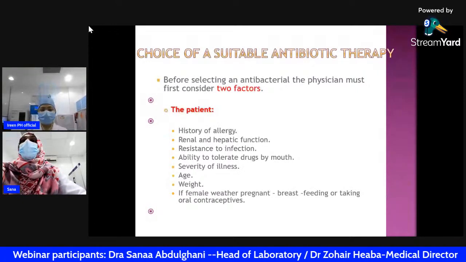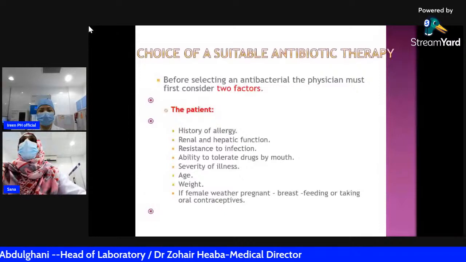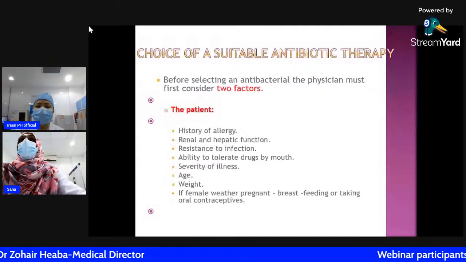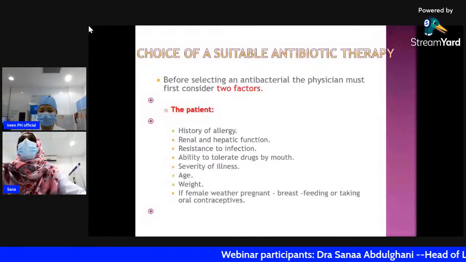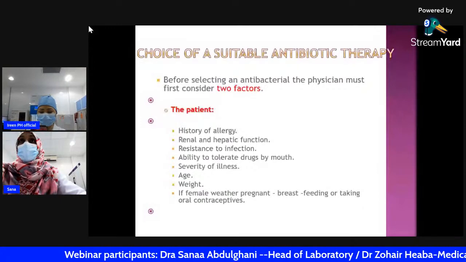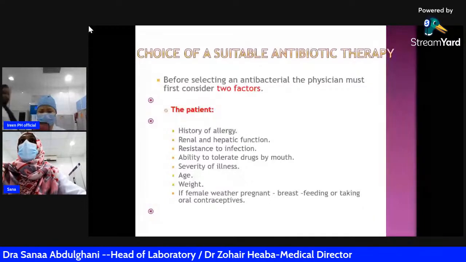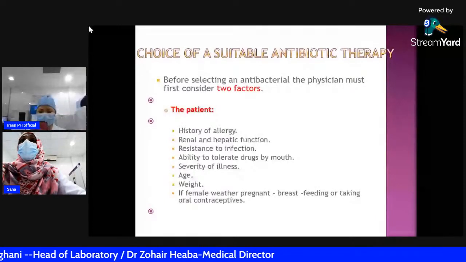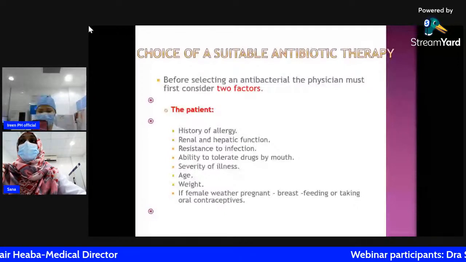The patient: the physician must consider the history of allergy, renal and hepatic function, resistance to infection, ability to tolerate drugs by mouth, severity of illness, age, weight, and if female, whether pregnant, breastfeeding, or taking oral contraceptives.